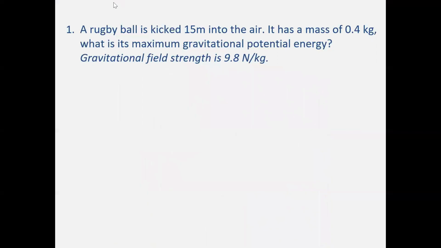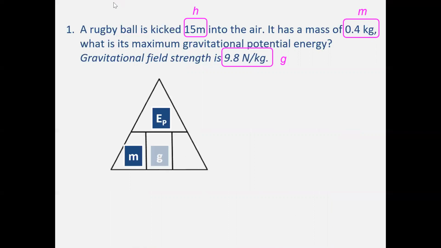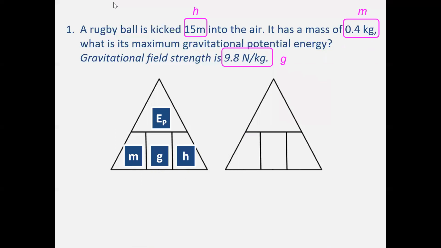Well, just as we did in the worked example, you're going to dissect that question and highlight the data that you've been provided with. So you've been given 15 meters as a height, 0.4 kilograms as a mass, and 9.8 newtons per kilogram as a gravitational field strength. Then you use that data to substitute into the formula triangle.